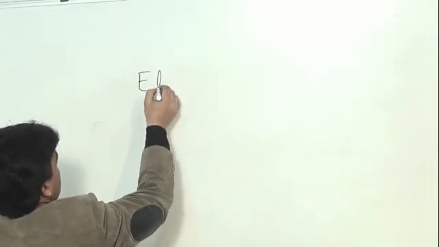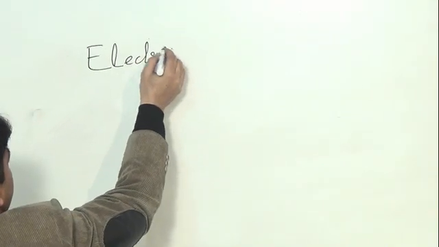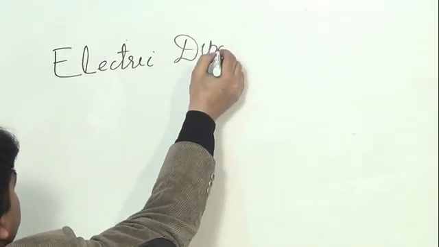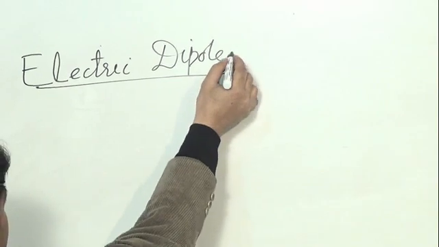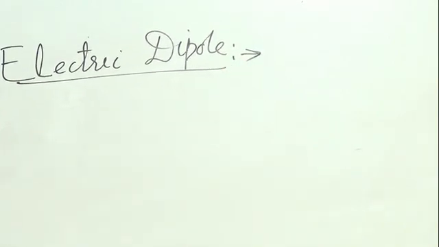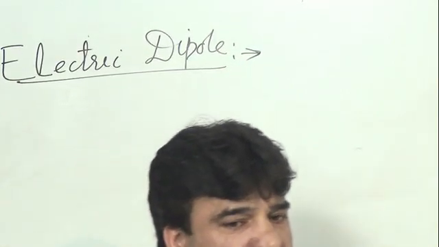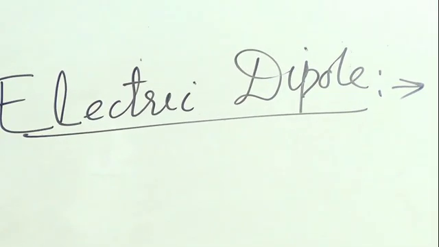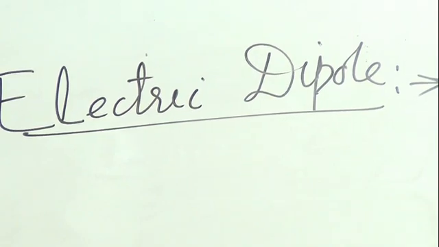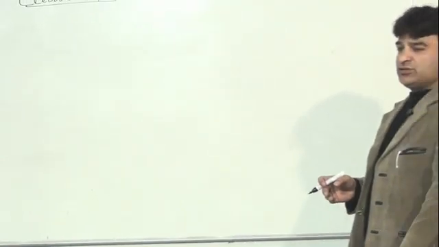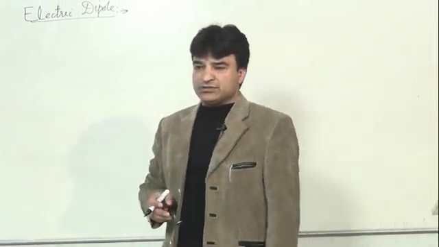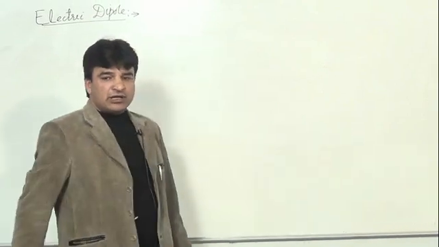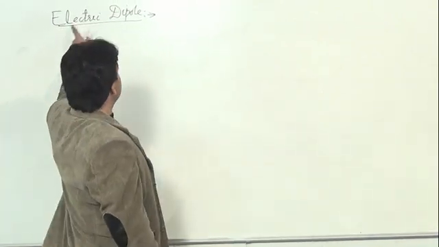First, I will write here electric dipole. In physics, we define the electric dipole as two equal and opposite charges separated by some small distance, which then constitutes an electric dipole.